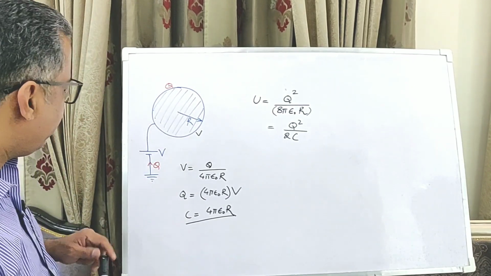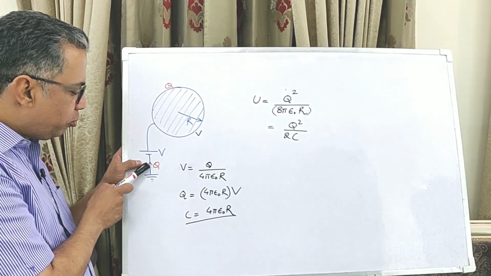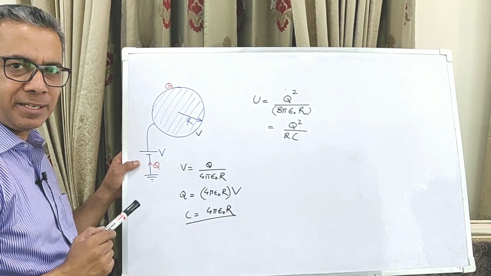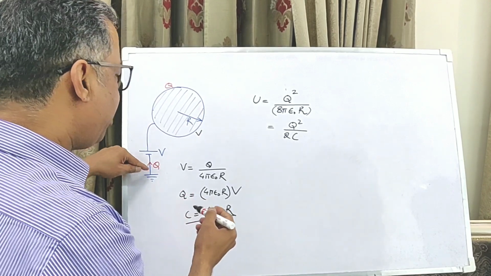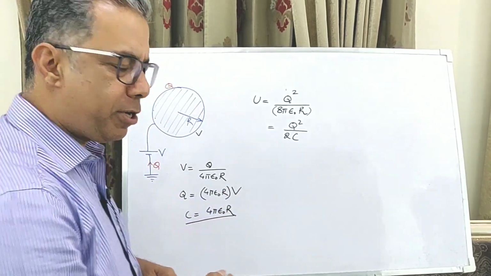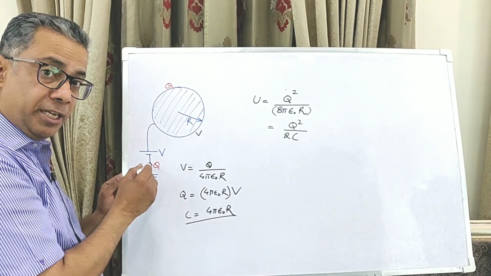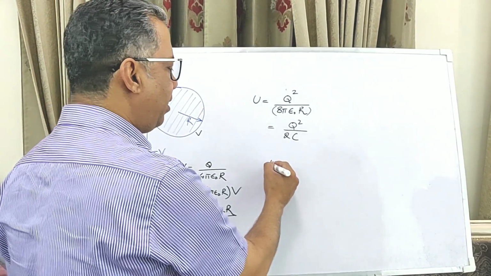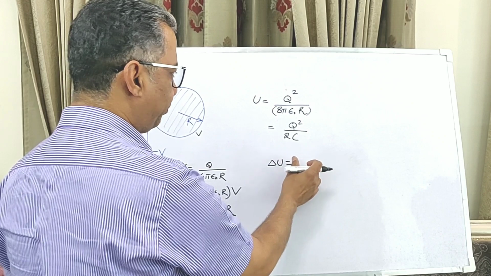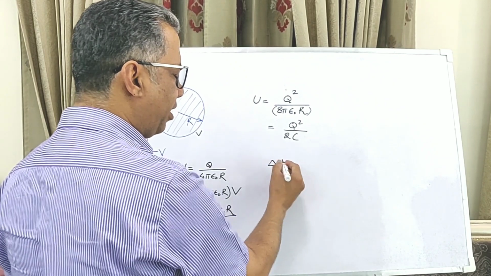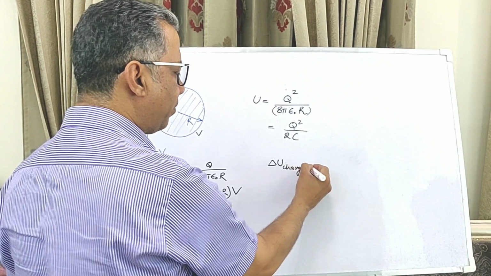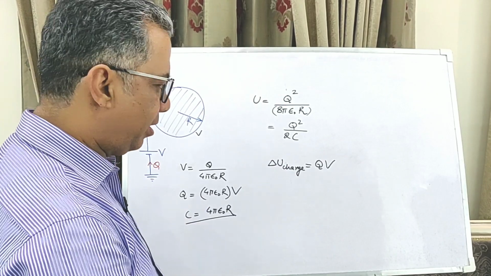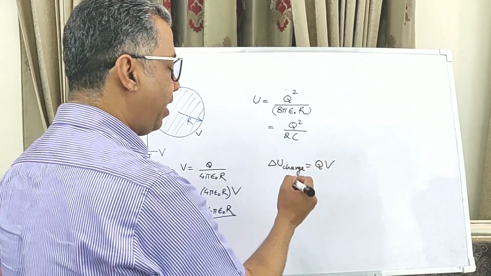Now another interesting thing to learn here is that when charge Q moves from here to here, its potential is increased by an amount V by the battery. And when the potential of charge increases by V, its potential energy increases by Q times V. So the increase in potential energy of the charge is Q times V, which is, oh my God, again very interesting.